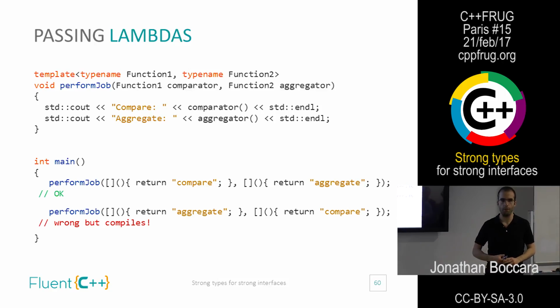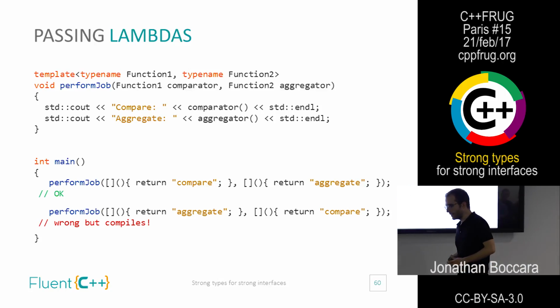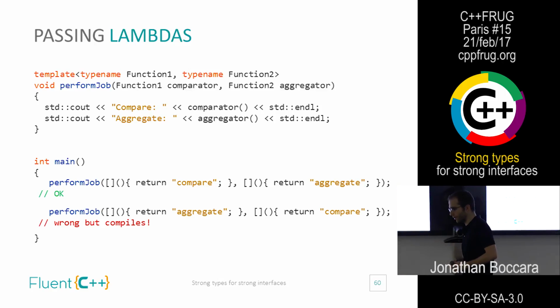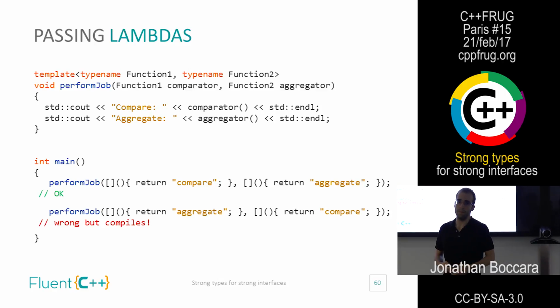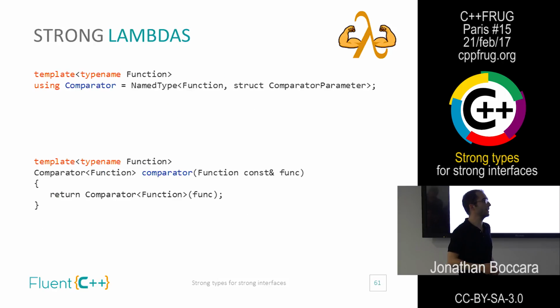I've worked a bit on that one and found some complicated solution, and in the end it turned out that the solution is surprisingly simple, because the NamedType class is already templated, so we can just use it as a template in a template using declaration.